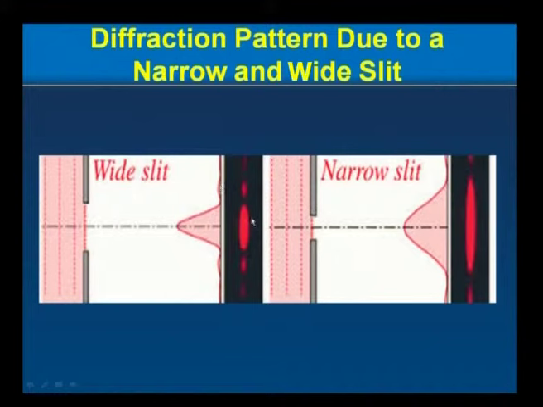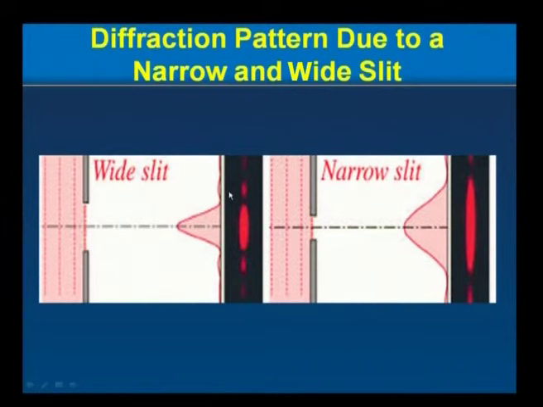This is the intensity curve as a function of distance on the screen, okay. So you got intensity here, which is much lesser than what you got here. So there is a very bright region, right? And the region where there is brightness, it falls far off from this region, but here it is nearer.